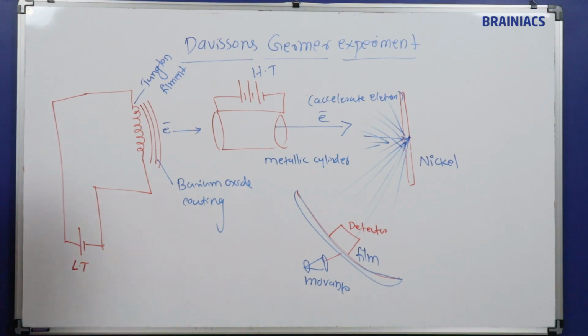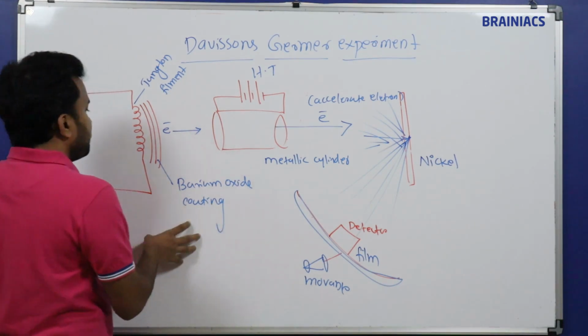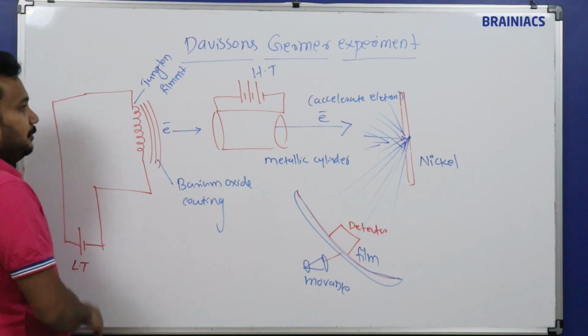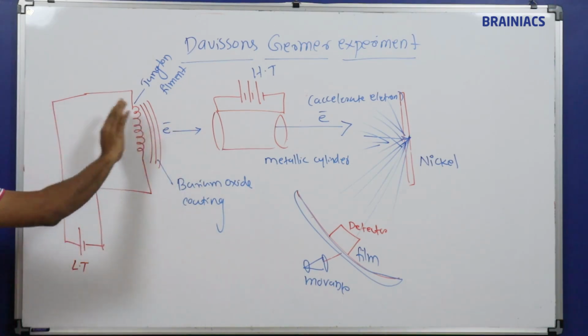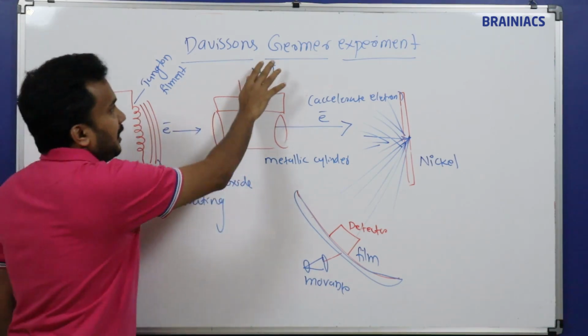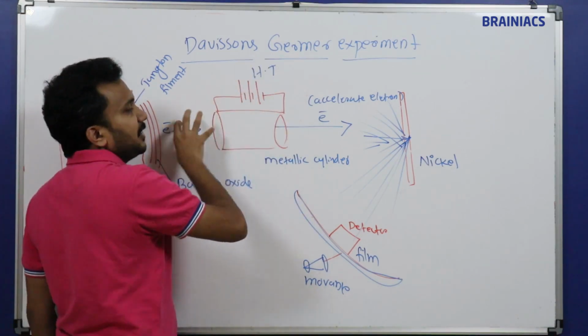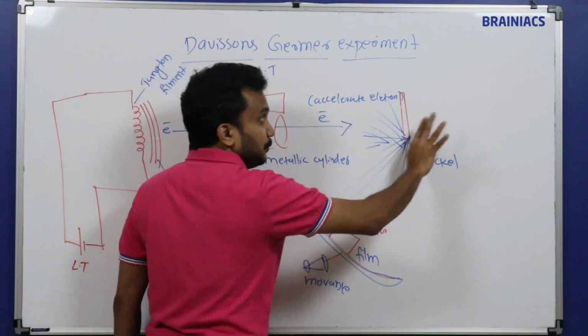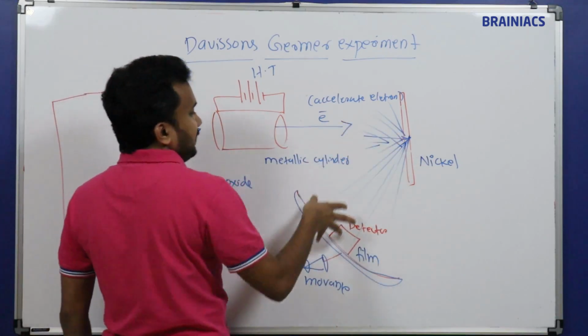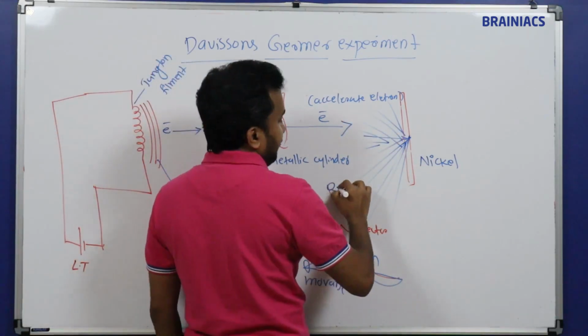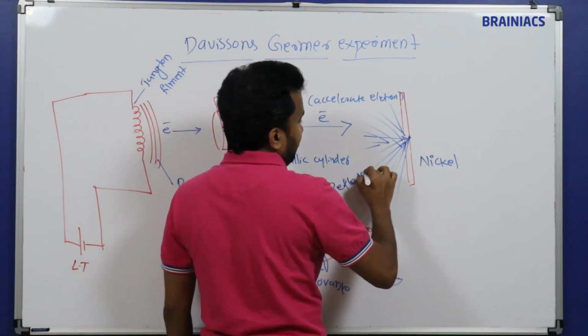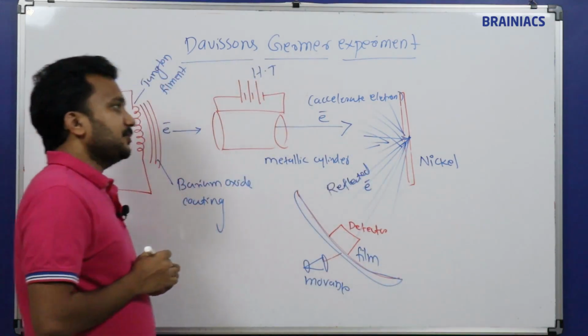So what we have seen is that barium oxide is coated on the tungsten filament, so this will emit electrons, and we are giving a high tension voltage, and because of the high electric field the electrons speed up again. They hit the nickel crystal, and we have reflected electrons over here. So this was the structure.